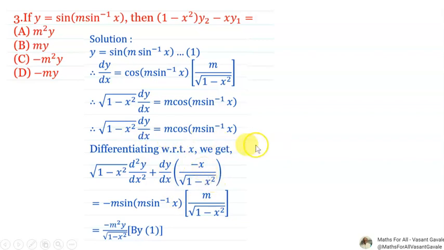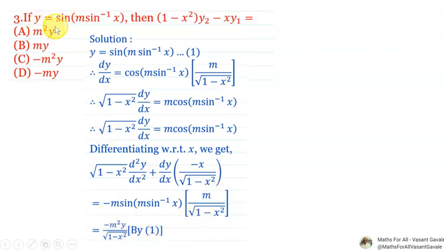Okay, and to the right hand side, m times cos of m times sine inverse of x, derivative minus sine of m times sine inverse of x, again the derivative of m times sine inverse of x, m into derivative of sine inverse of x is 1 upon root of 1 minus x square, and overall you will get here m into m, that is m square.